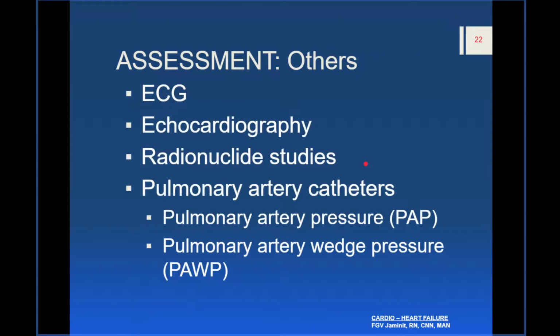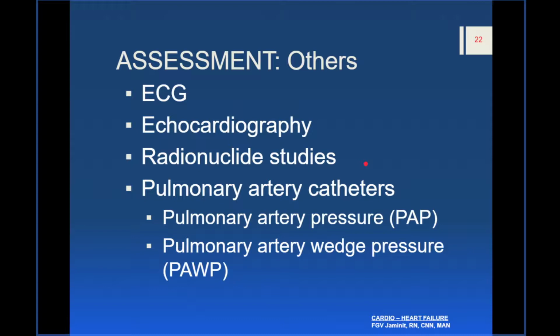Others that we may perform, electrocardiogram, to determine any presence of dysrhythmia. There may also be a myocardial infarction in the patient together with heart failure due to decrease in the oxygen supply. Echocardiography, also known as 2D echo, for the functionality of the heart. We may perform radionuclide studies, pulmonary artery catheters.